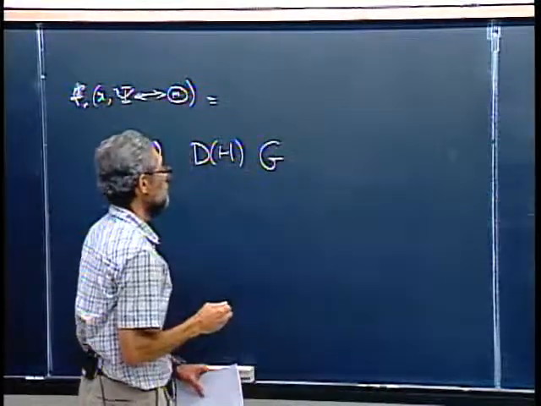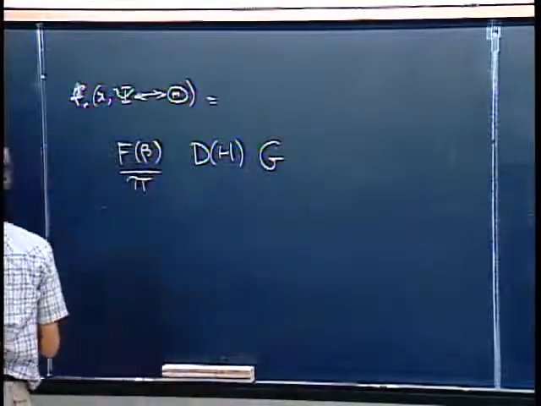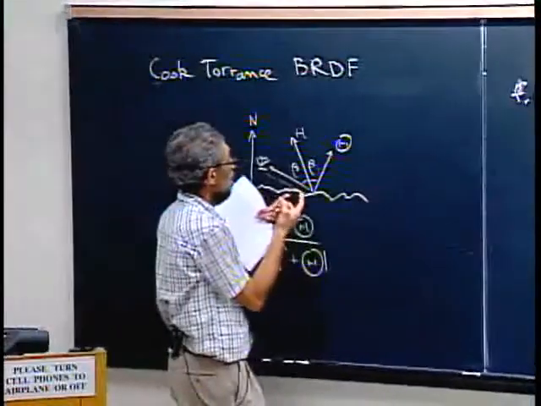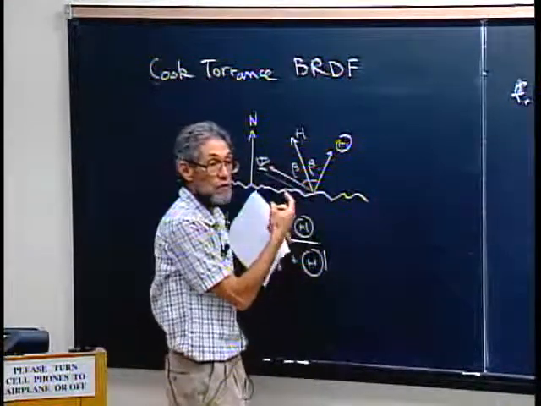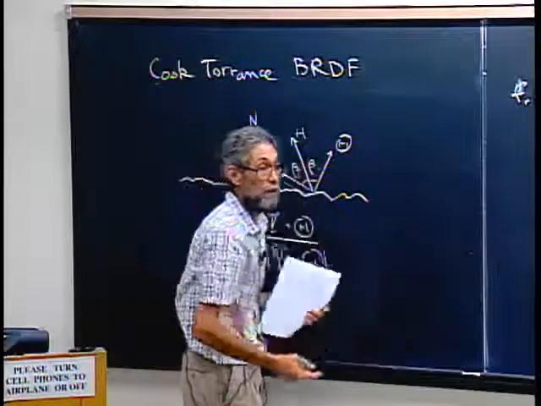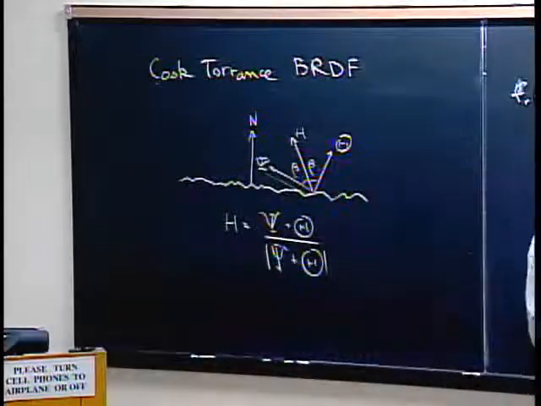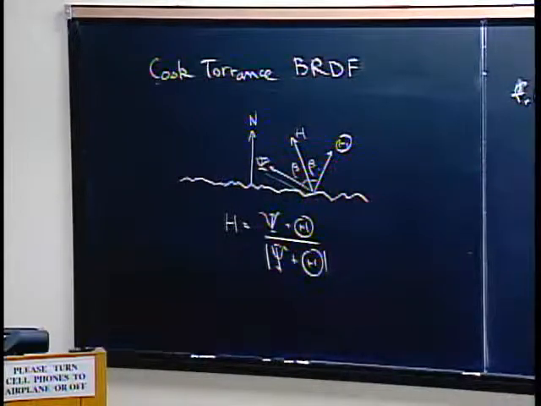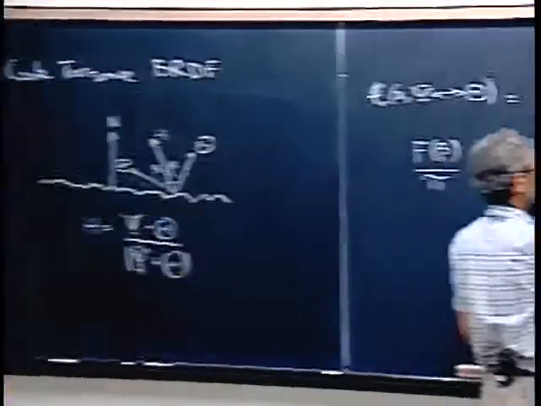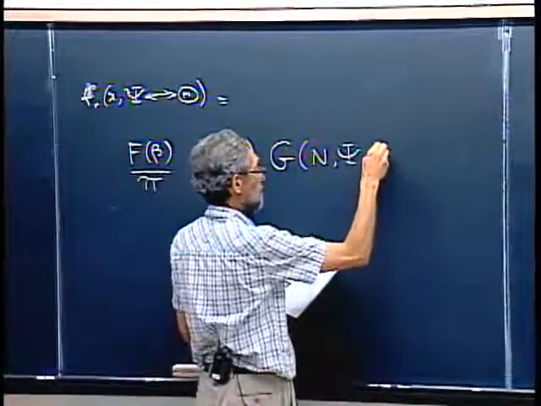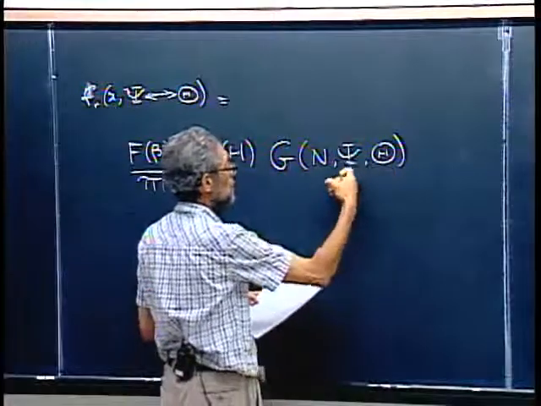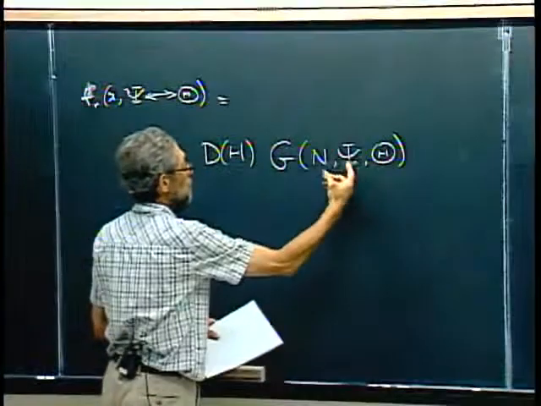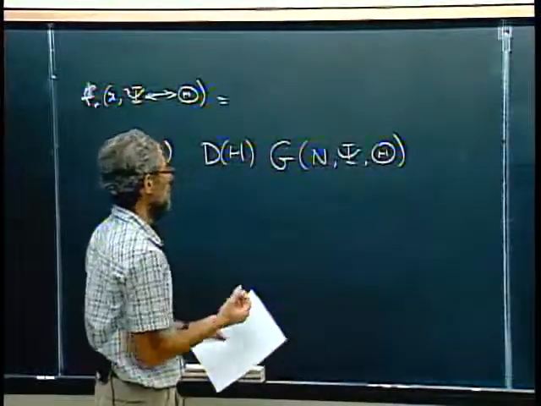That geometric factor has to do with some of the light that could have hit this facet being shadowed, or light that could have reflected from this facet toward the viewer being occluded by this corner. And it turns out that number depends on the surface normal and the directions psi and theta. Of course, H is a function of these two, so H could be in the formula too, but these are the three variables that it depends on.